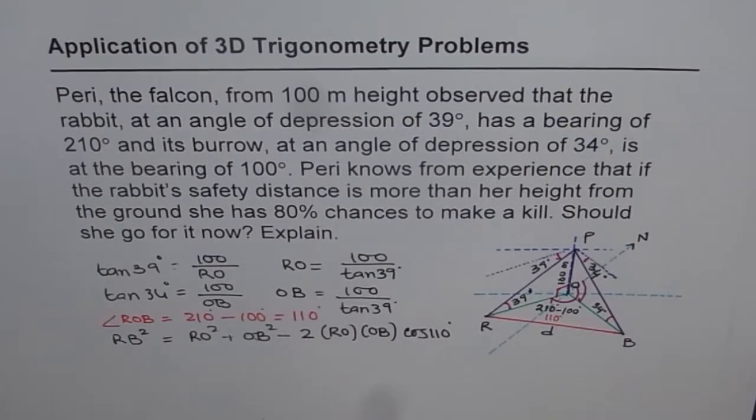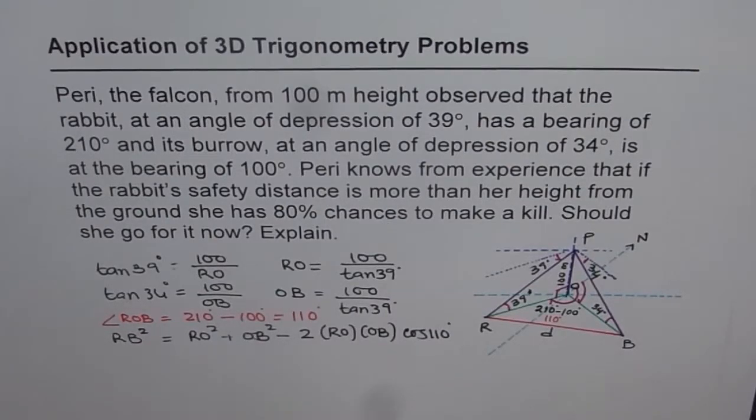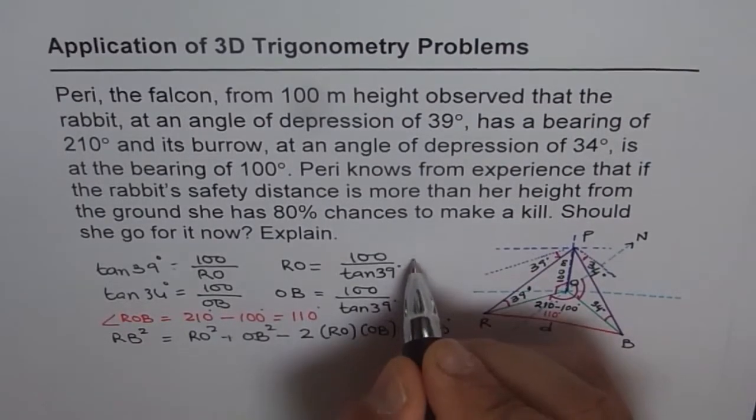Now let's take a calculator and find the answers. The first one is 100 divided by tan of 39, which gives us 123.48, so I'll write 123.5.